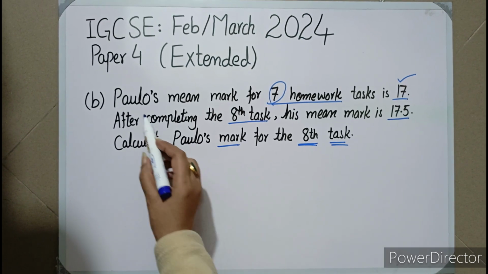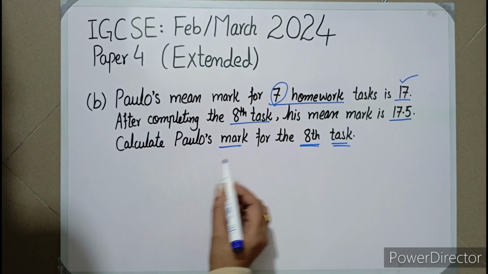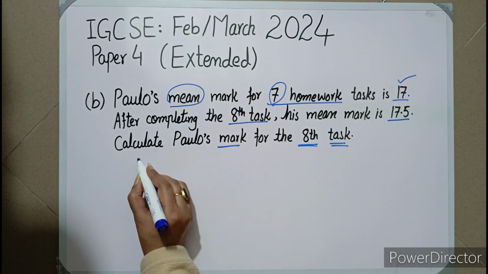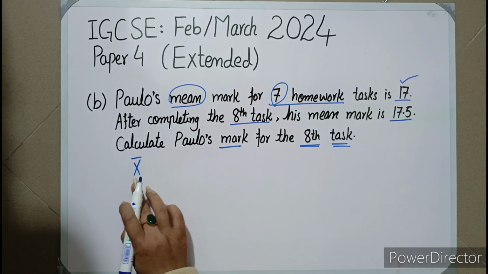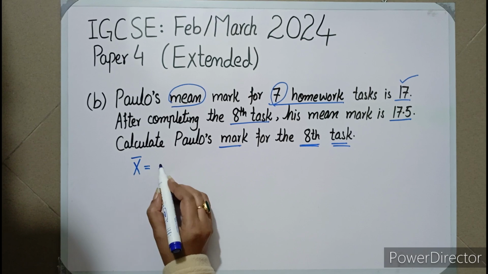First of all, you can use the data in the first line. As we know, the formula for mean is x bar. This notation is for mean.